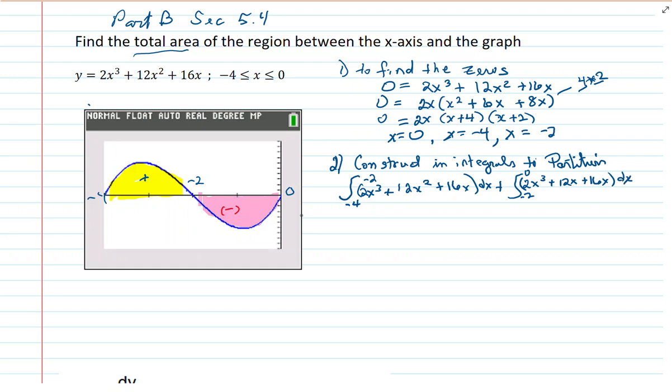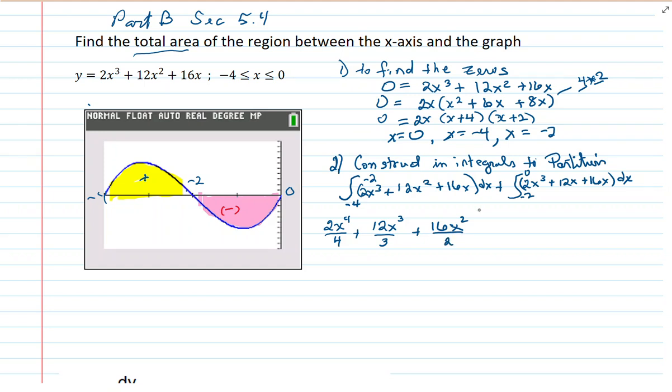Do the math now. So I'm going to get for the first one, 6x, sorry, I'm taking a derivative and I'm not supposed to. So wrong. I'm going to have 2x to the 4th divided by 4 plus 12x cubed divided by 3 plus 16x squared divided by 2.